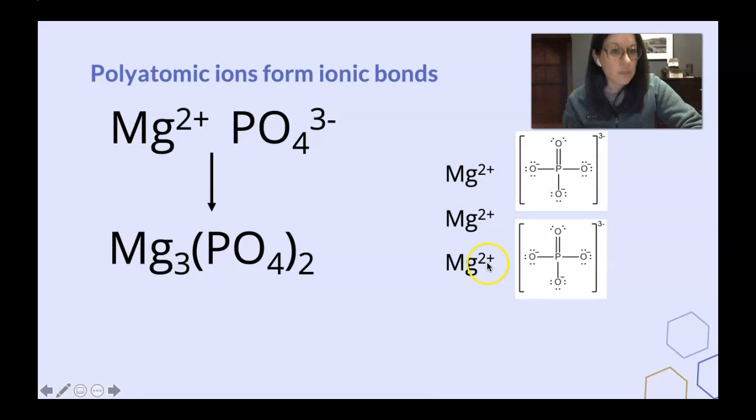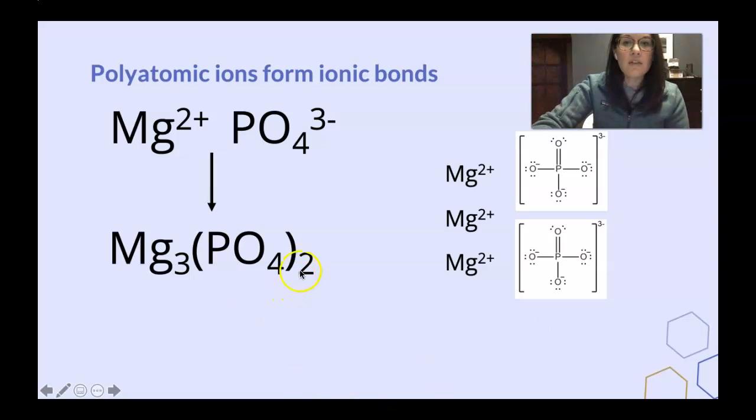They each have a 2+ charge, so that contributes overall a 6+ charge. And then I have 2 phosphate ions, each of those having a 3- charge. So altogether that would be 6-. So we have a 6+ and a 6- charge that balances out to be a neutral compound.